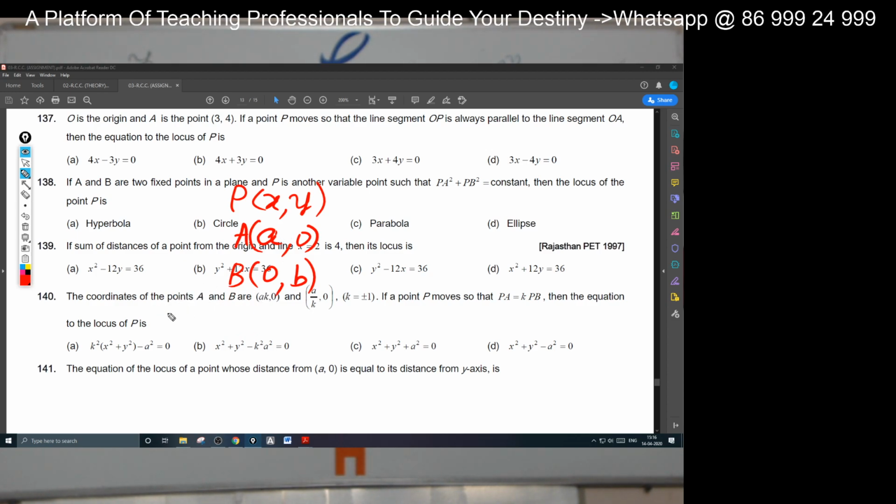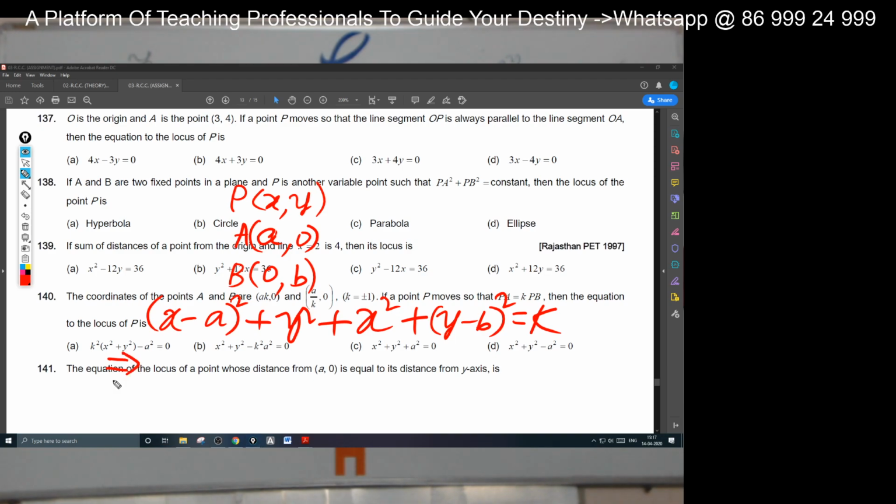So what happens? PA square, please: x minus a whole square plus y square, plus PB square, please: x square plus y minus b whole square, is equal to some constant k, let me say. Then what happens?